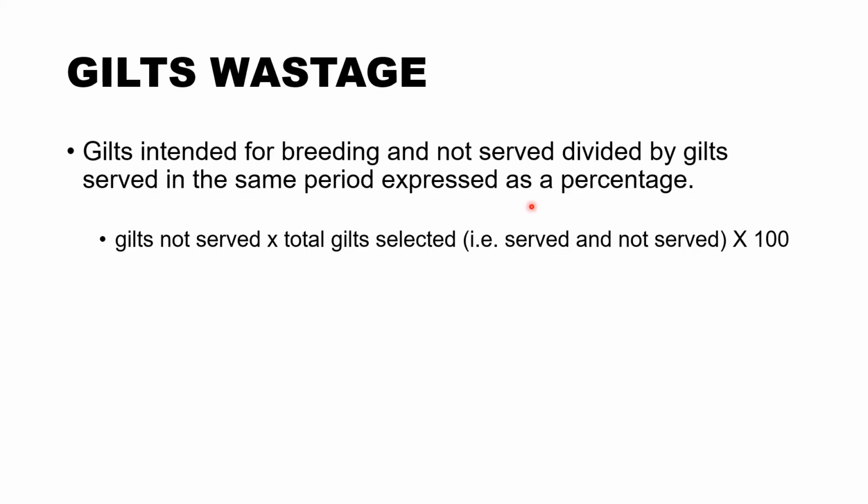Then, gilts wastage is gilts intended for breeding and not served, divided by gilts served in the same period, expressed as a percentage.